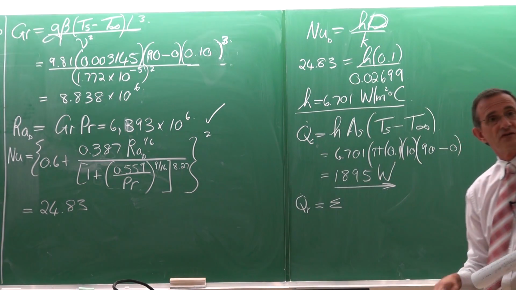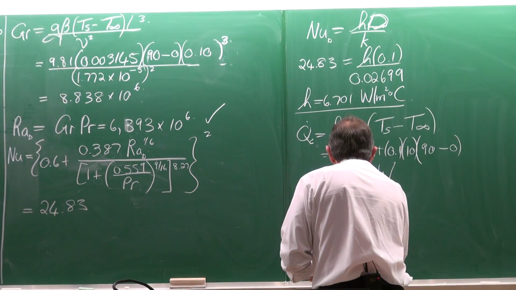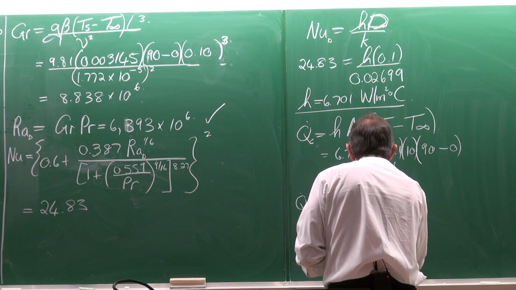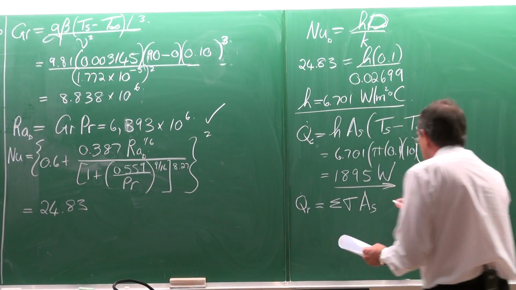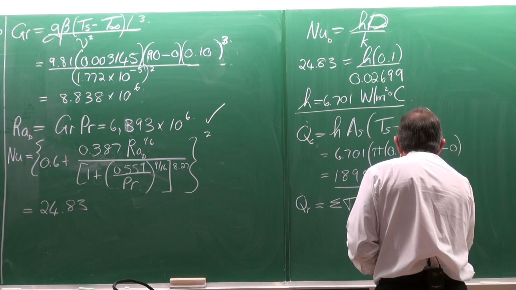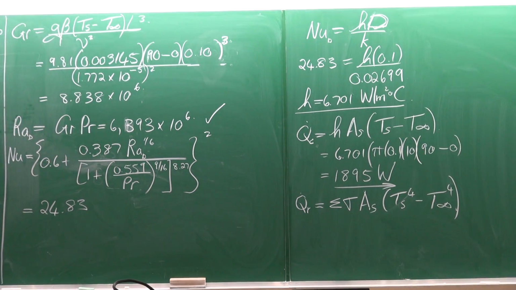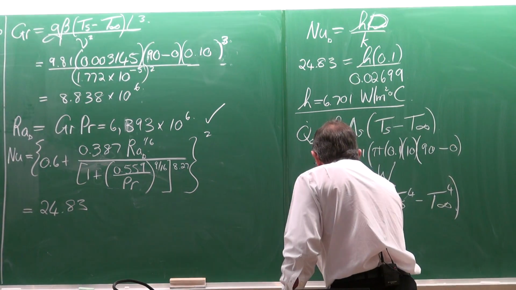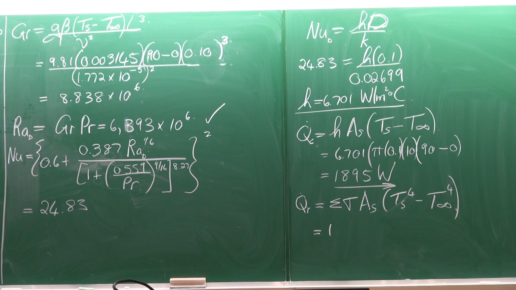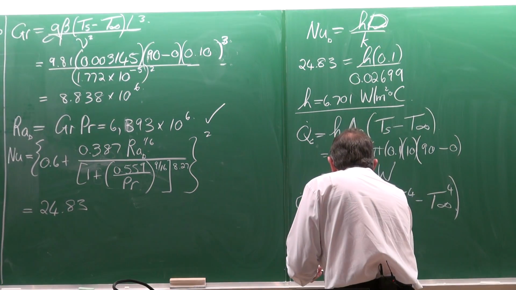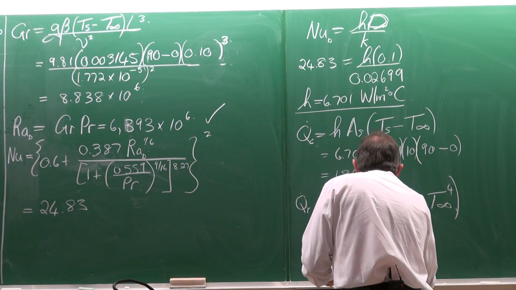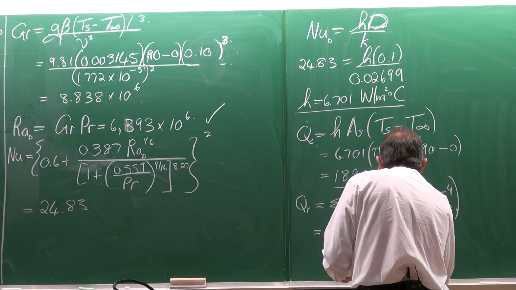So the radiation heat transfer is equal to the emissivity multiplied by the Stefan-Boltzmann constant multiplied by the surface area multiplied by Ts to the fourth minus the environment temperature to the fourth. Now we don't have the emissivity, but let's assume it is equal to 1. It is usually smaller than 1, but that we're going to address in, I think, chapter 11 or 12. So we are not there yet. Okay, the Stefan-Boltzmann constant is equal to 5.67 multiplied by 10 to the minus 8.